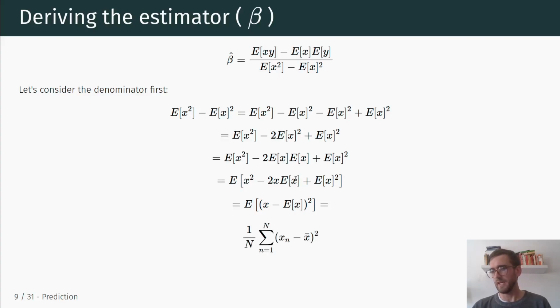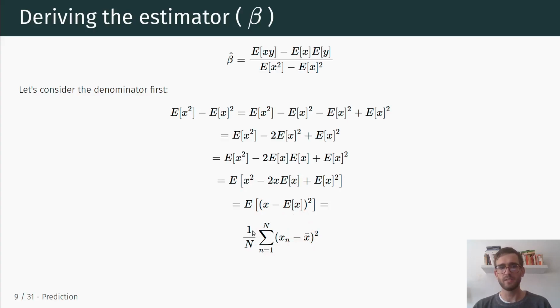Okay, and now lastly, we can revert back and recall what the expectation ultimately is. The expectation is just the sum of all elements divided by the number of elements, so 1 over n times the sum from n equals 1 through N of the individual elements xn minus, and the expectation of x is of course x bar.